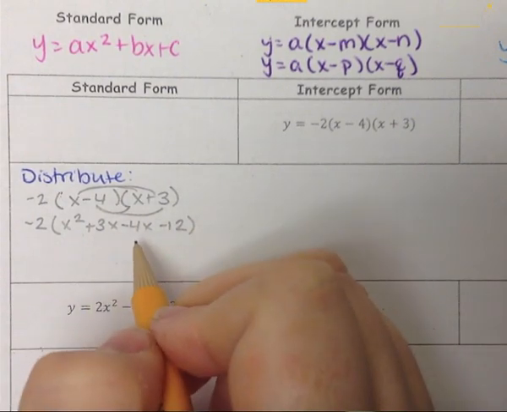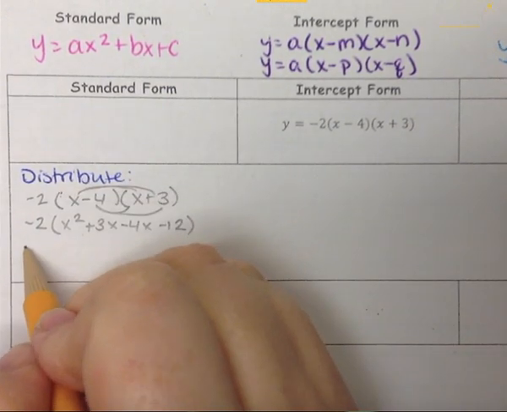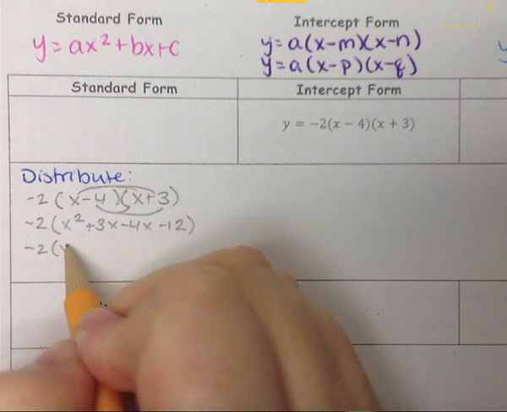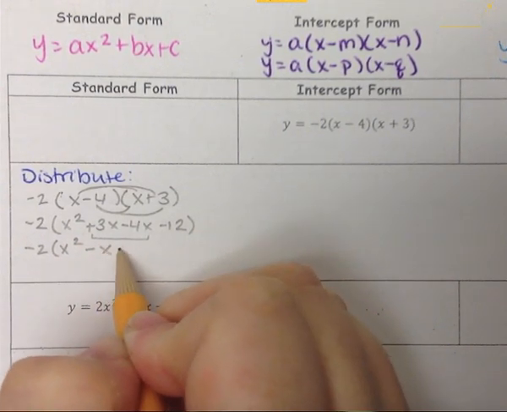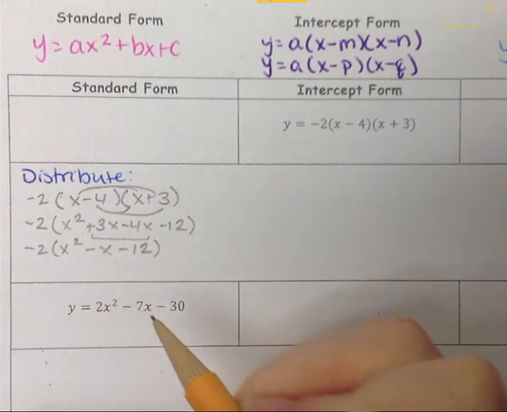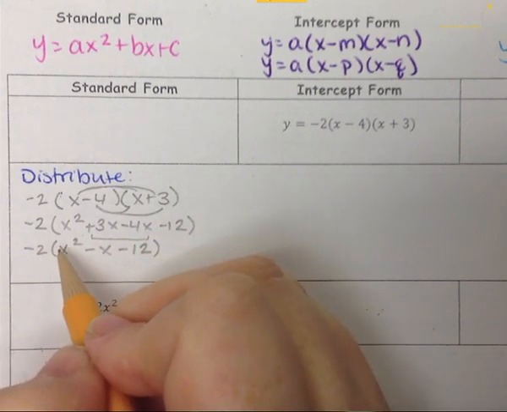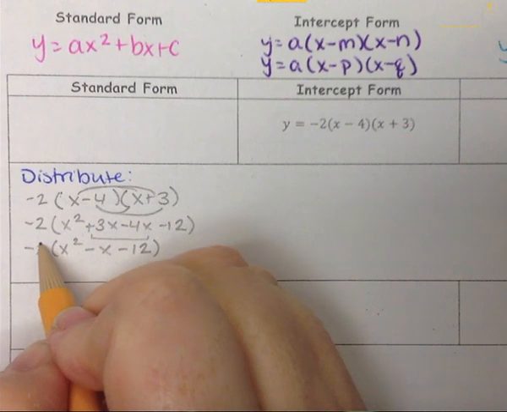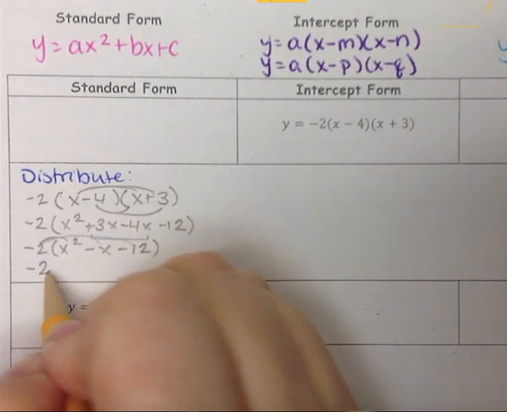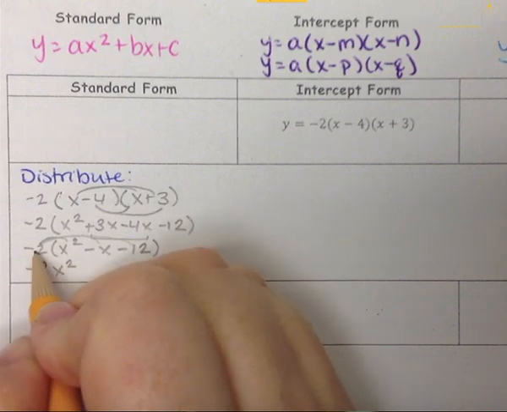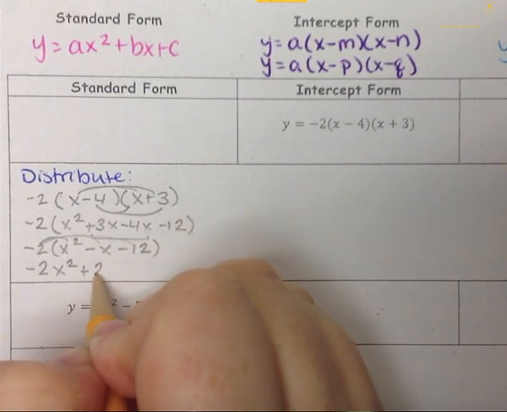I can simplify the inside of this. So I have -2 parentheses x squared, and that becomes -x minus 12. And then I can distribute that -2 to everything, so I can get rid of all the parentheses. So we'll have negative 2x squared. Then negative 2 times negative x is positive 2x.